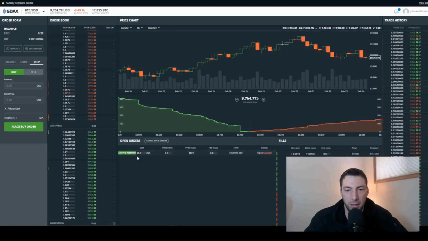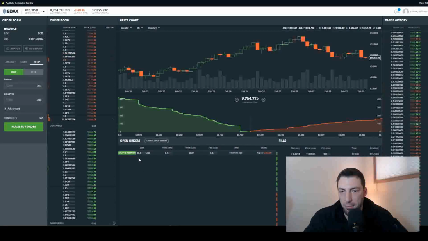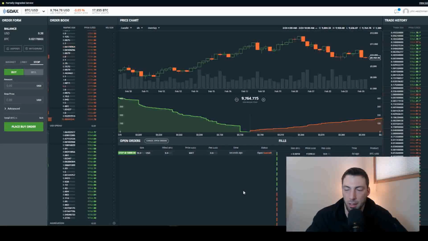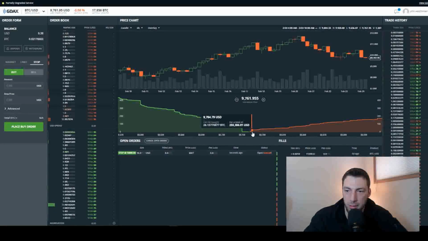But this becomes a lot more important when you have larger amounts of money. If you had thousands of dollars, or tens of thousands of dollars, large amounts being relative, when you set a market order you could end up market buying much higher, because you could end up absorbing a lot of limit sell orders.